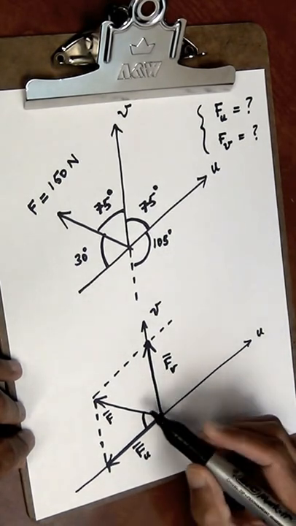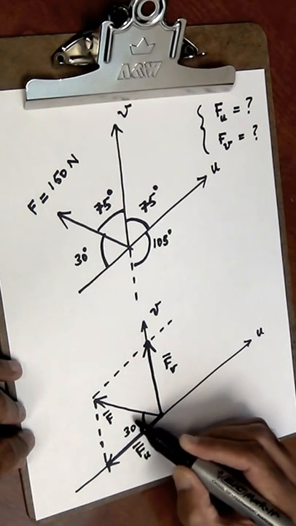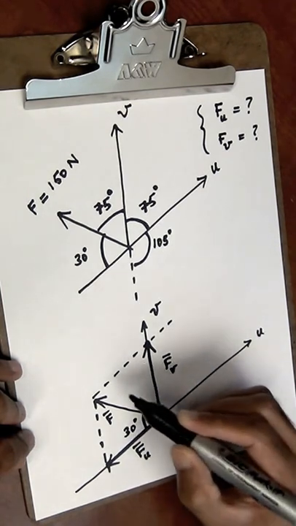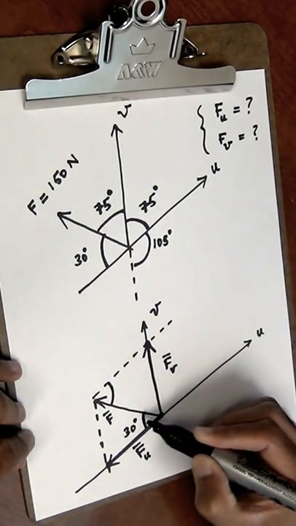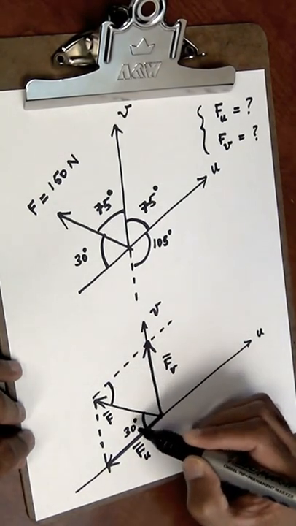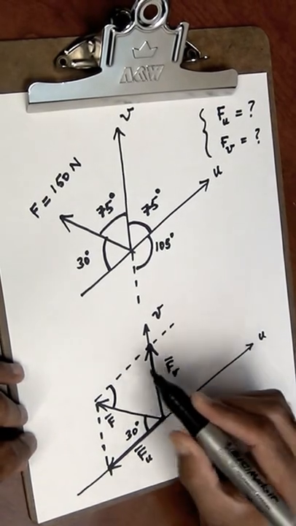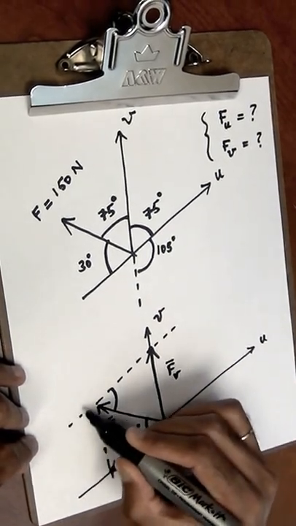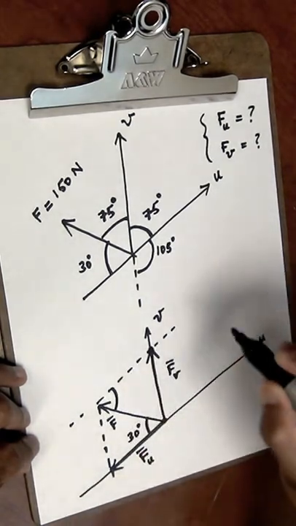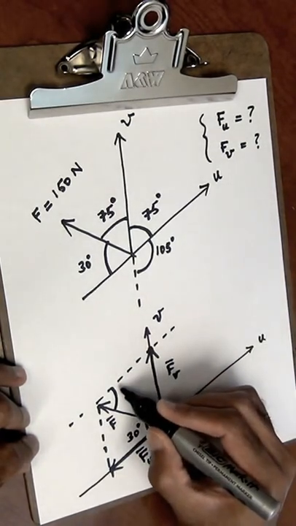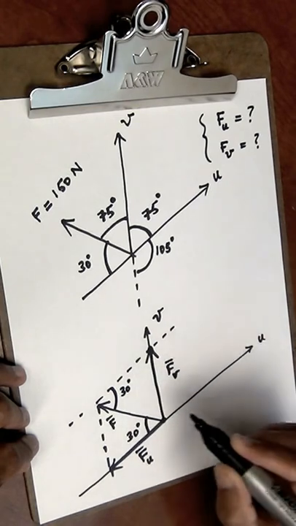I have some angle information. This angle here I know was 30 degrees. If this angle is 30 degrees, then I can say that this angle here is the alternate angle to this one, and alternate angles are equal if I consider these lines here. These lines are parallel to each other, the u and the line parallel to it, which means that this angle is also 30 degrees.